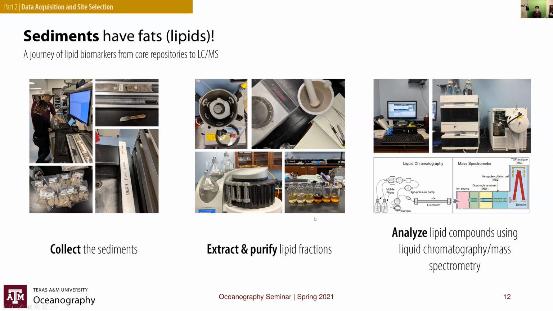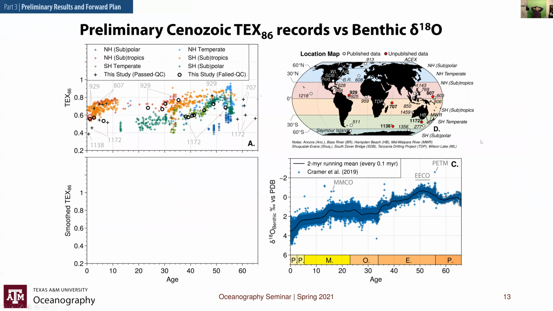Then we purified the lipid fractions for the fraction we were interested in, the one where we aim to find the GDGTs, and then we ran all the purified fractions through the LCMS, the liquid chromatography mass spectrometry machine. And here are the preliminary results of all the samples that I collected from all the potential sites.